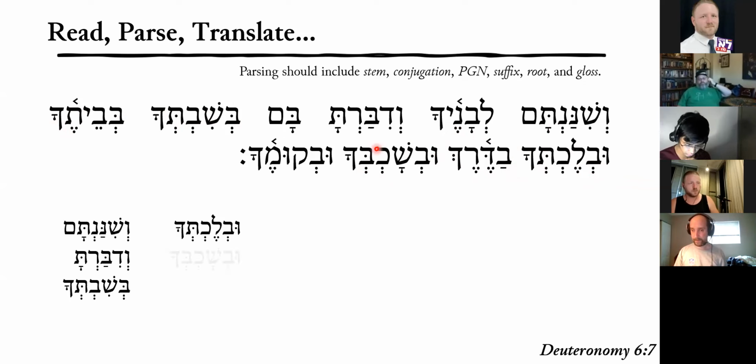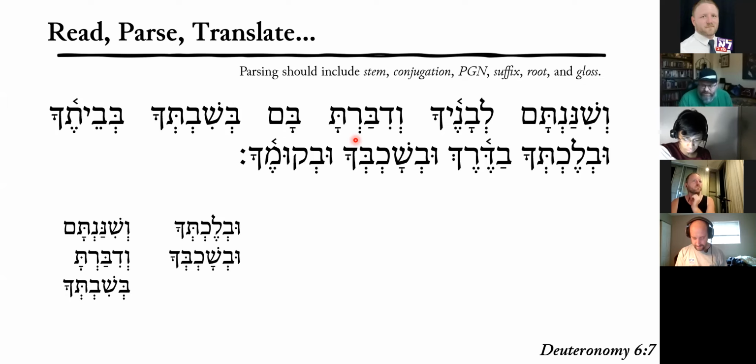And the next one, Nathan, this one here. Notice this is an infinitive construct, so that influences how you pronounce this syllable. Right. Uveshochbecha. Is that a kal infinitive construct?